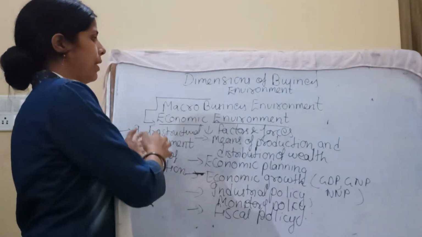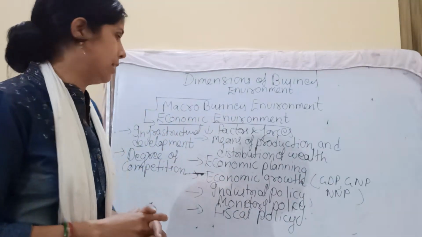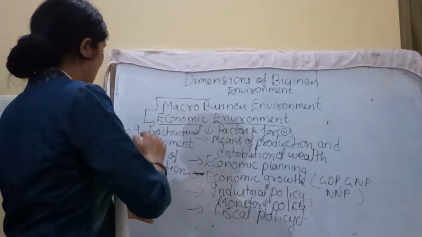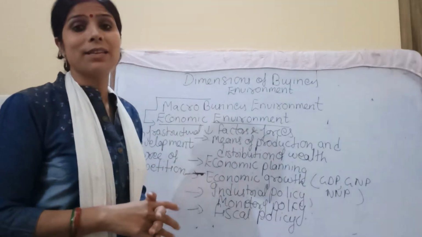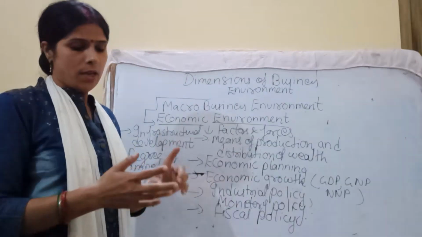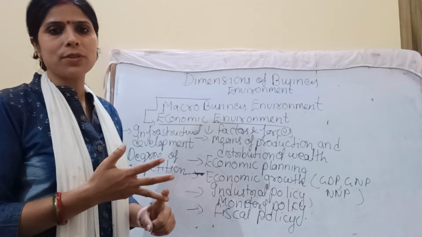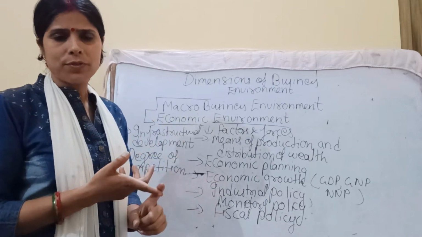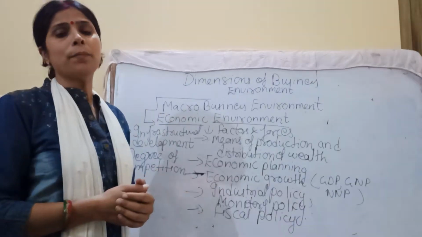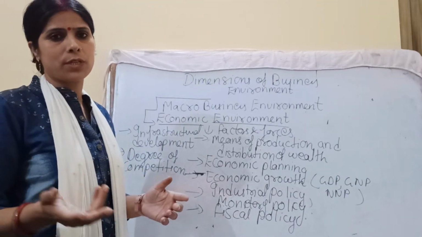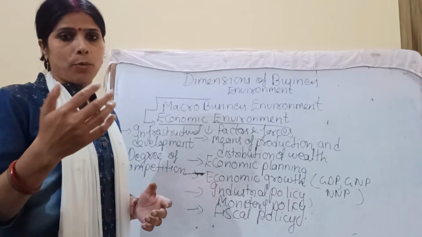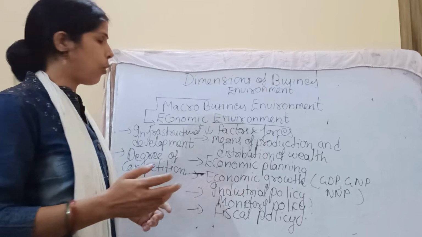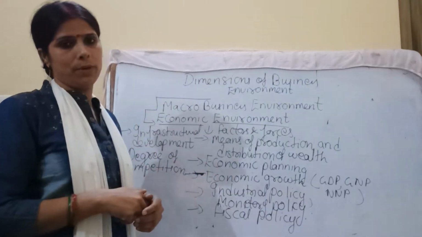There are also points related to infrastructural development. Infrastructure means communication facilities, banking facilities, transportation facilities, proper drinking water facilities, which come under social infrastructure also. Insurance, banking, proper education, transportation and communication facilities all come under infrastructural development.